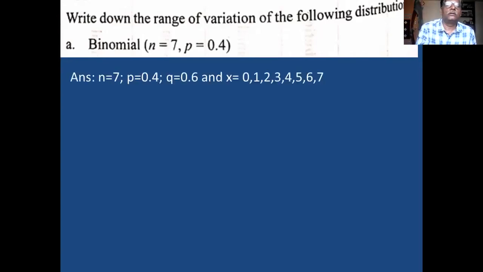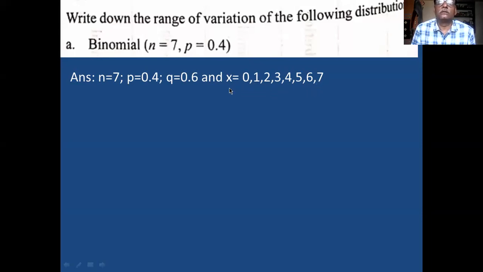So the answer is: N is 7, P is 0.4, Q is 0.6, that is Q is equal to 1 minus P. So the range of variation is 0, 1, 2, 3, 4, 5, 6, 7. This is the range of variation.